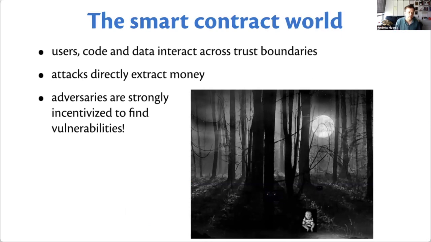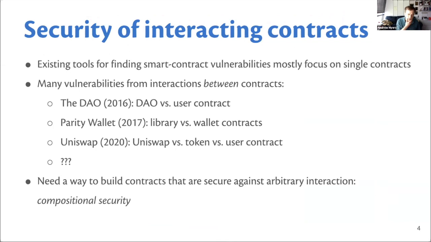You have trust boundaries that are being crossed by users, code, data, and of course the adversaries get to extract money directly when they're successful. So they're very strongly incentivized to find the bugs in your code in a way that they weren't in CS 100.